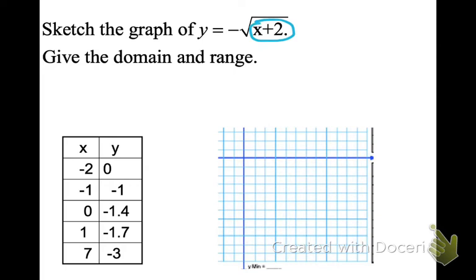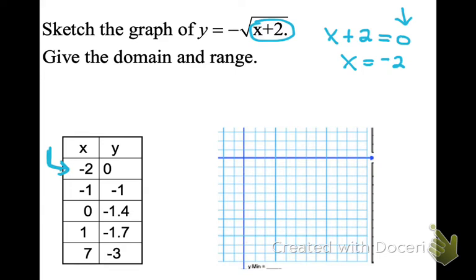So what I would do is, we know the smallest value underneath the radical that it could equal is 0. So I'm going to set whatever's underneath the radical equal to 0. So x equals -2 when I subtract 2 from both sides. So that's why I knew I'm starting off with -2.